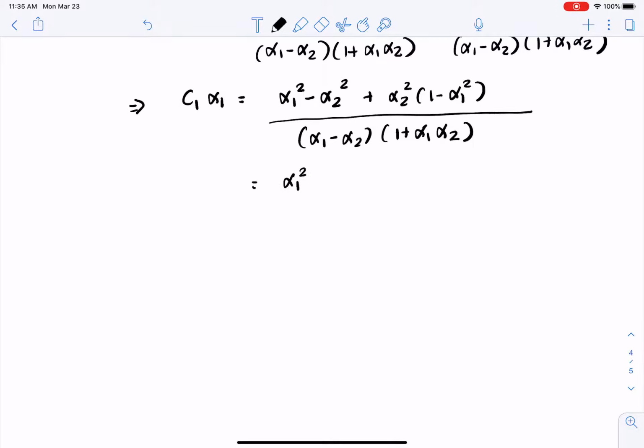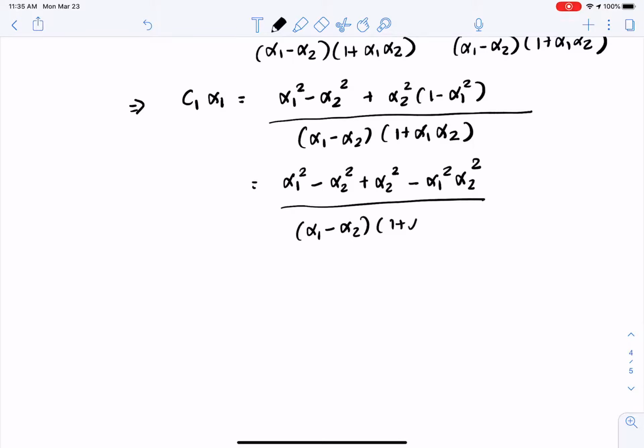alpha 1 squared minus alpha 2 squared plus alpha 2 squared minus alpha 1 squared alpha 2 squared, divided by (alpha 1 minus alpha 2) times (1 plus alpha 1 alpha 2).